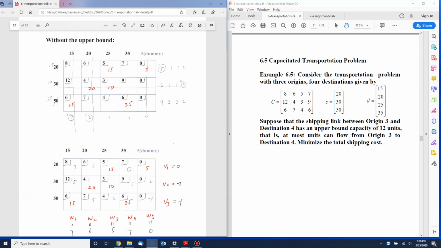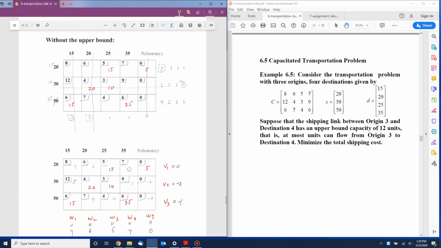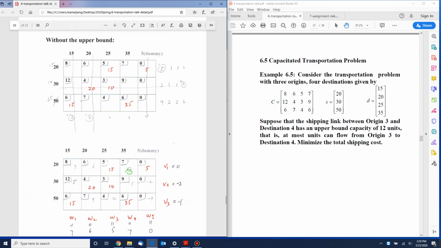What I set up is the 0 here. So we set up a basic variable with value 0. That means there is a degeneracy, because we have only 6 basic variables. We do not have enough, because in this tableau m equals 3 and n equals 5, so we should have m plus n minus 1 basic variables.